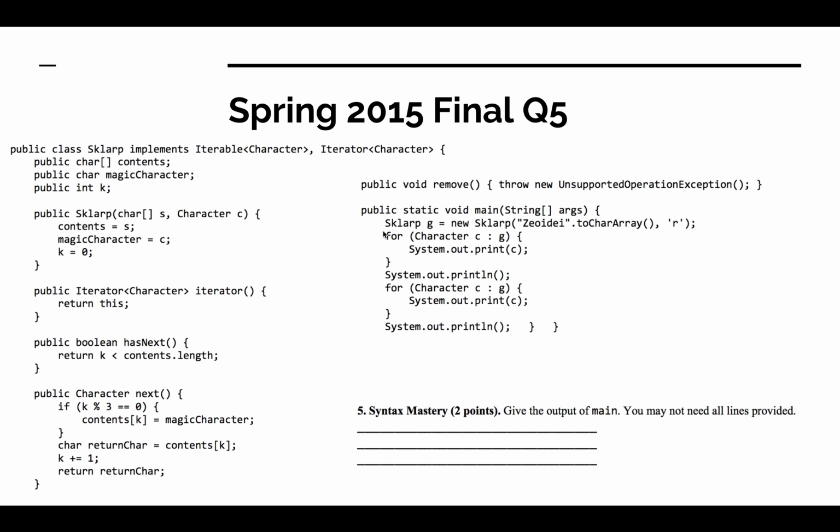So then we go for each character C in G. So what happens when we do a for loop like this? I know you guys had a lab recently where you studied what happens.